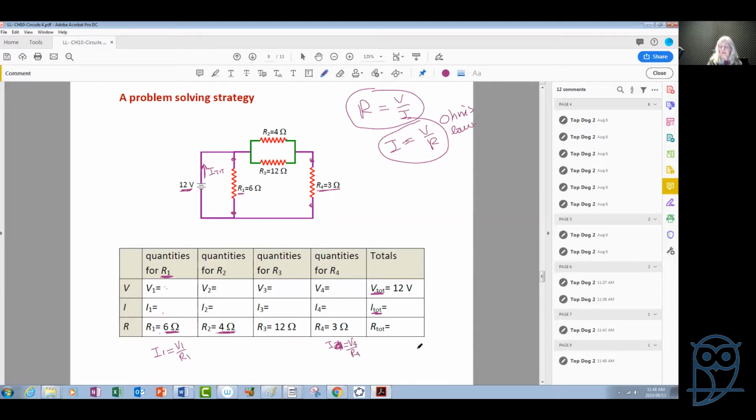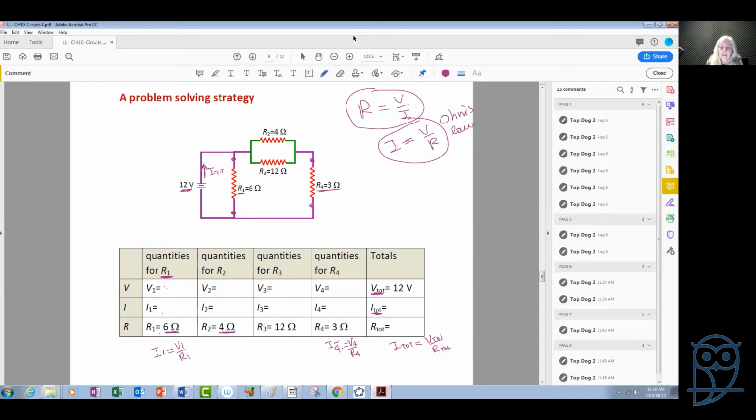And here for the totals, the I total would be V total divided by the R total. So we need to be careful how we apply Ohm's law. Every time we apply it, we must apply it correctly.